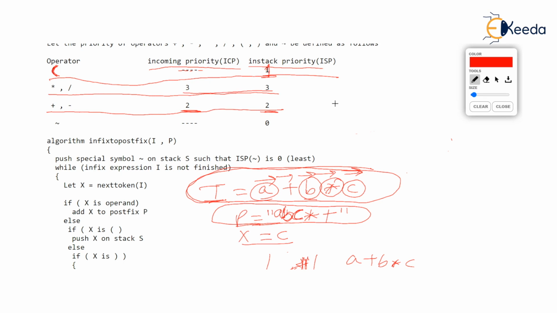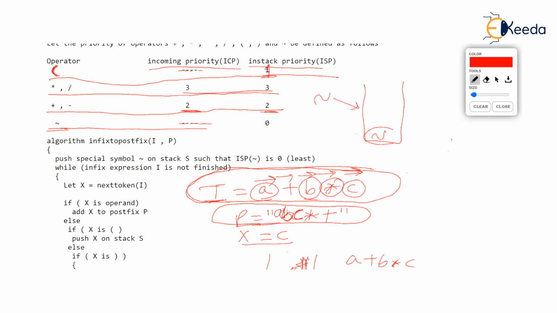And now finally you see the tilde symbol. The tilde symbol is not having any incoming priority. Why? A very silly question. Tilde will not have any incoming priority because tilde will never come in. Tilde is not in the infix. So how can tilde come in the stack during the algorithm execution? Tilde can stay on the stack permanently because we are going to push tilde on the stack.